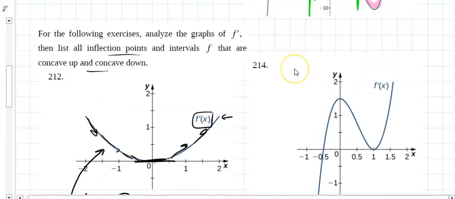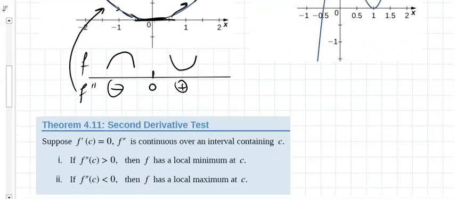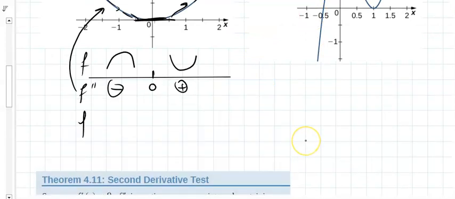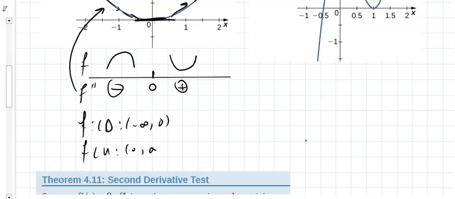And what did they want? They want to know to list all inflection points and where they occur. Okay, so I need a bit more space. So we say f is concaving down from negative infinity to 0, and f is concaving up from 0 all the way to infinity. And we're going to do the same on this problem. Let's do that.